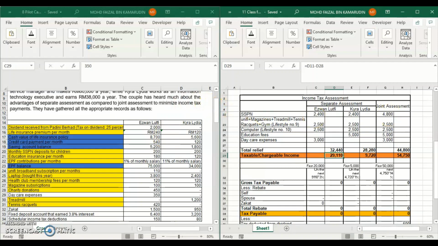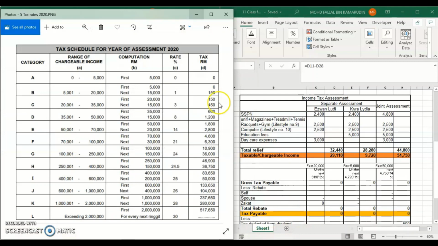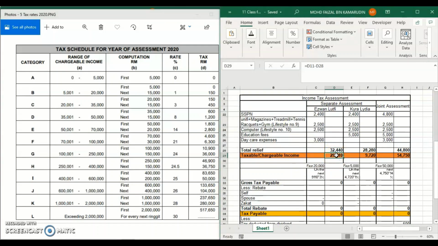For this matter we need another document, which is this one, the tax rate. So this is the taxable income 29,110 for S1. So you have to check which falls under which category. So 29,000, he falls under C category, because the income is between 20,001 up to 35,000.